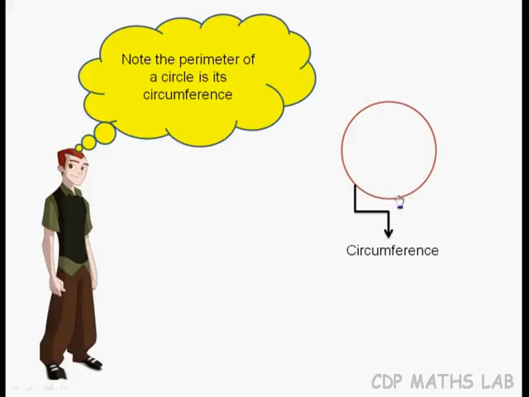So this entire circle here, all the way around, it's a line, but it's a circular line, and it is called the what? Circumference. Now you notice this white area is enclosed by the what? Circumference. So the total distance around that area enclosed is called the circumference.